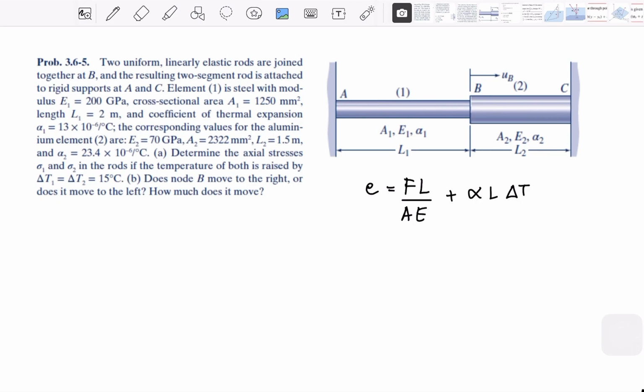Let's say the rigid support is like a wall, at A and C. This means that if this rod is going to expand, because we have this rigid support, it's actually still at the same length, right? The wall or the rigid support is still there.